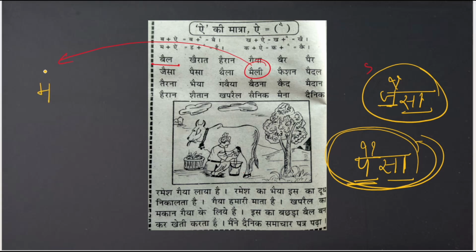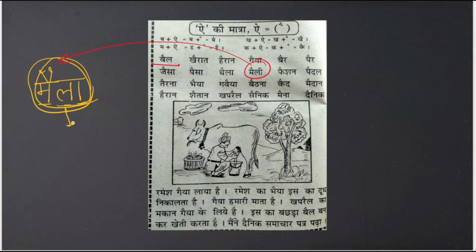This is ma, and this is matra of I, and this is la, this is matra of aa. Now it became maila, maila, okay? Which means something dirty or murky.